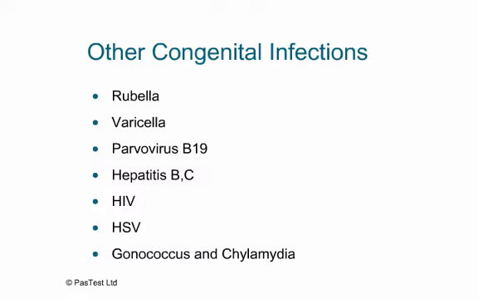These children classically get petechiae and other rashes. They have neurological involvement with seizures, developmental delay, sensorineural deafness, and their eyes, they develop cataracts and have microphthalmia.